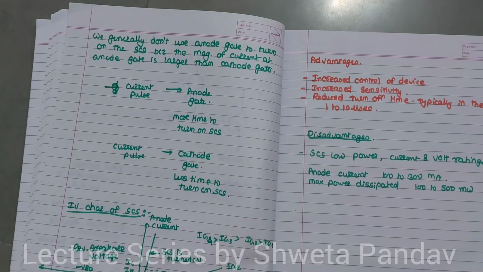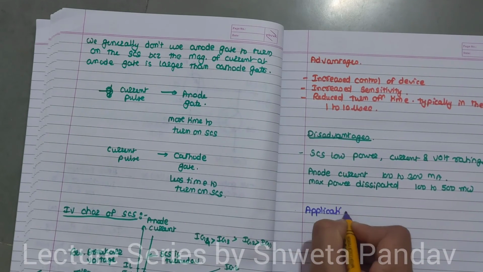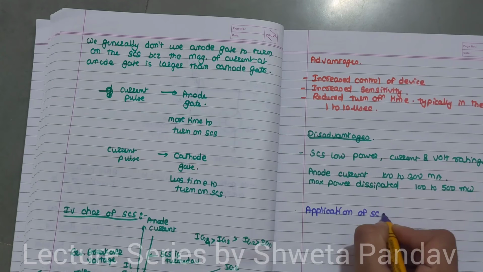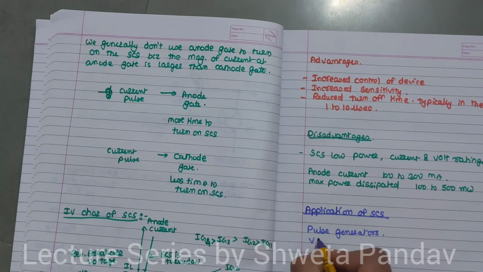Now where is the SCS used? Applications of the SCS: it is used in pulse generators, in voltage sensors, and in oscillators.